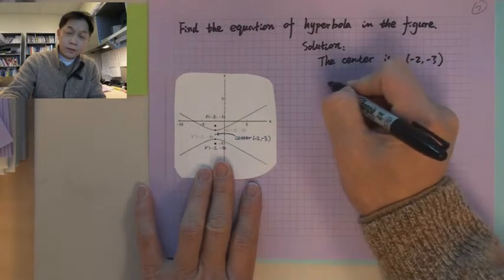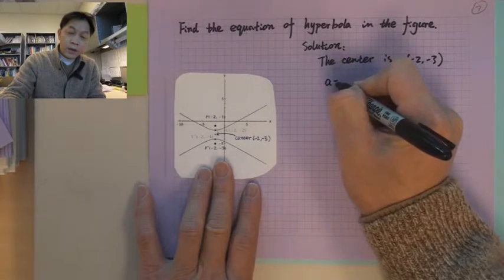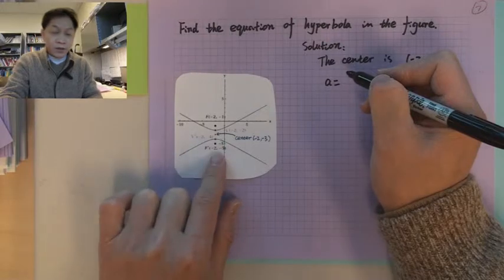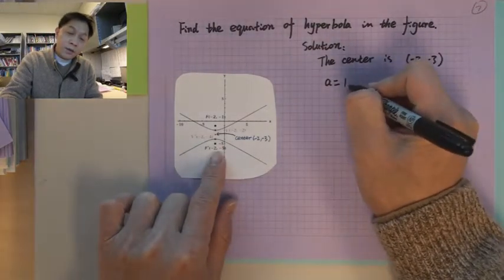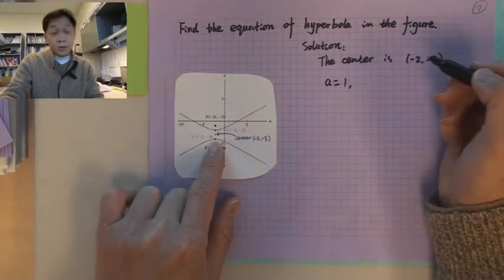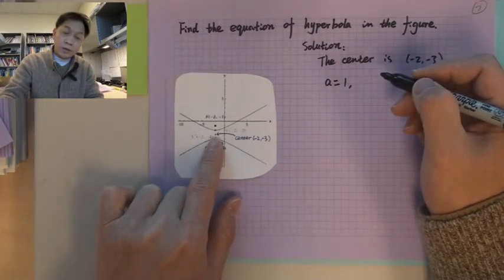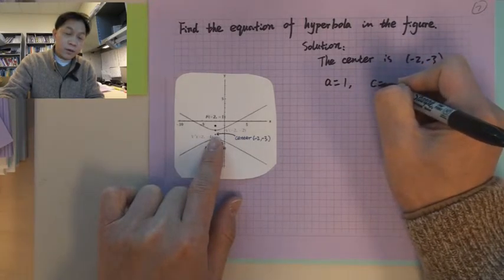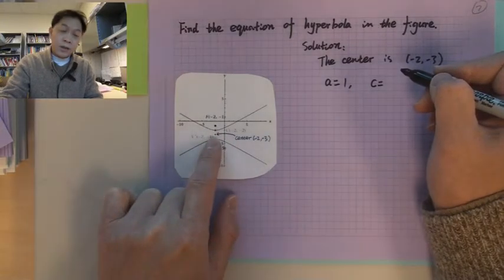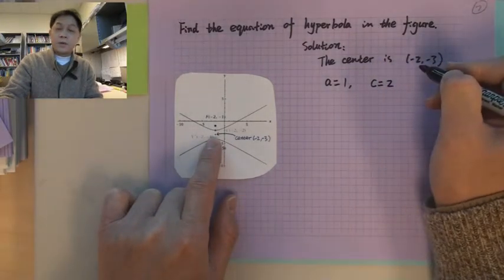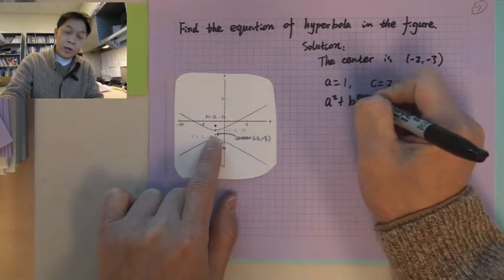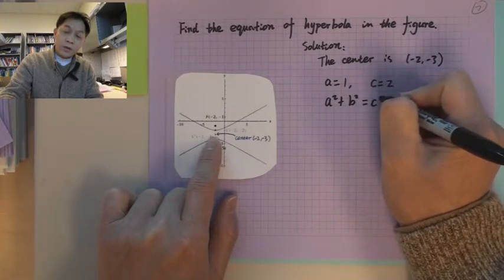Now, what's the value of A? A is the distance between the center and the vertex, and in this case A is 1. And B, what is the distance? B we don't know, but we know C. C is the distance between the center and the focal point. In this case, C is 2. We also know A squared plus B squared is C squared.